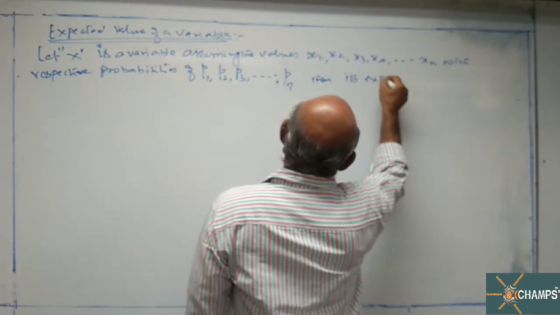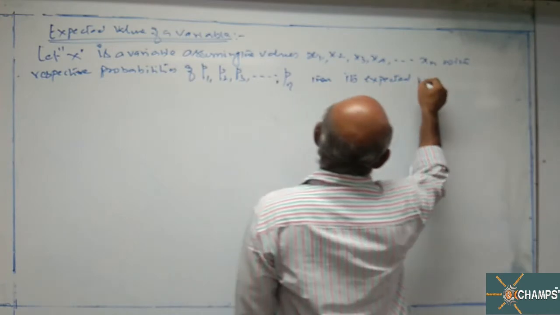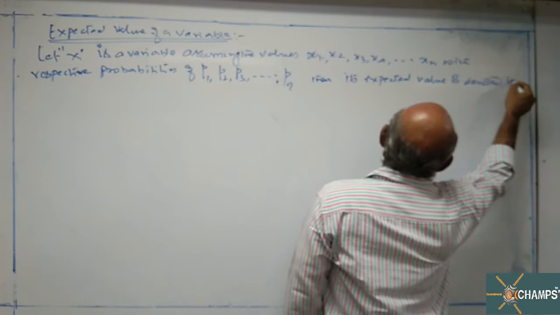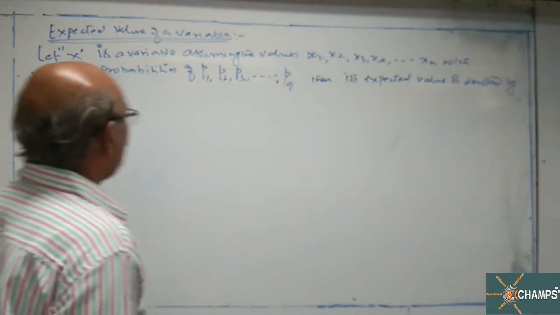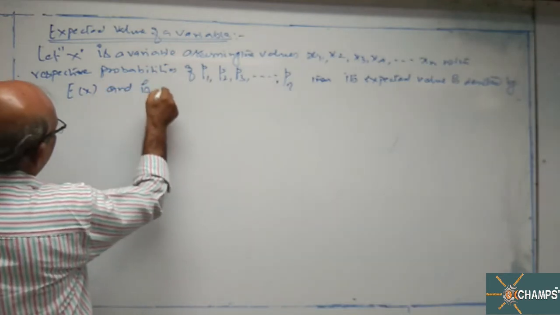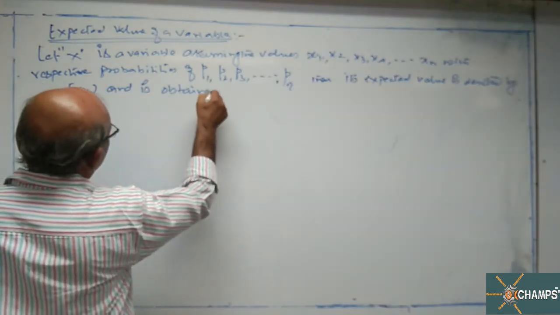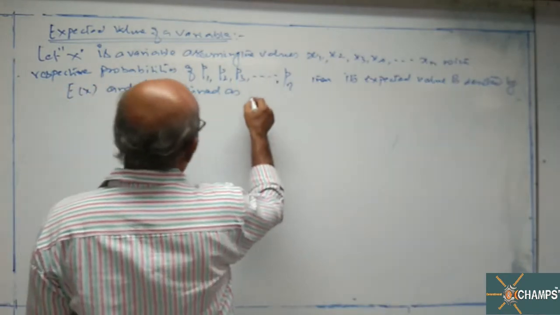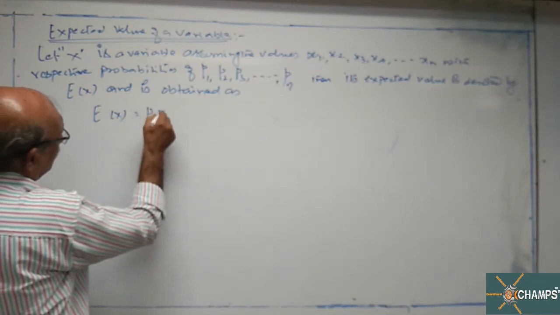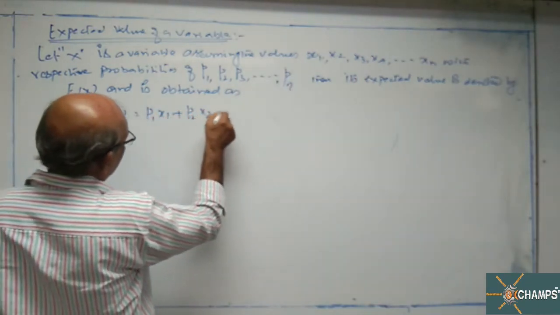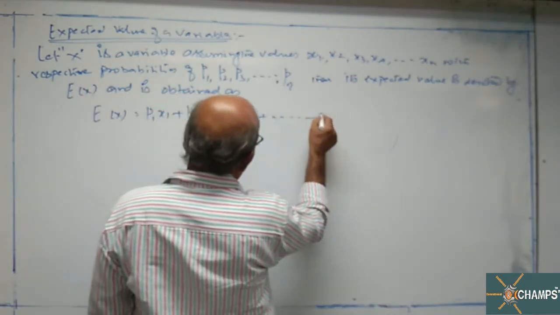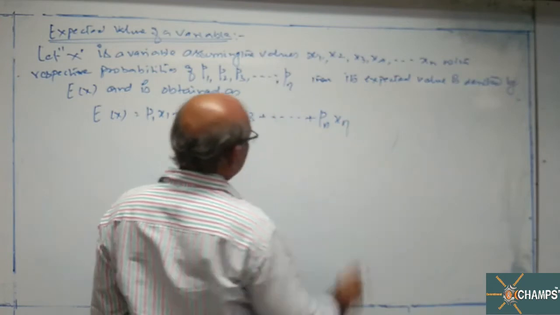Then its expected value is denoted by E of x and is obtained as E of x is equal to p1 x1 plus p2 x2 plus p3 x3 plus etc. pn xn.